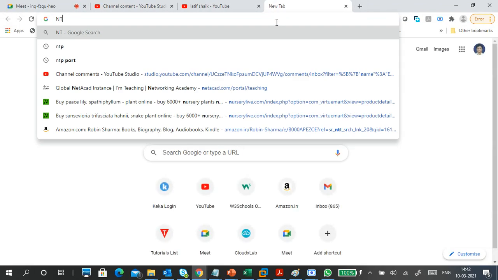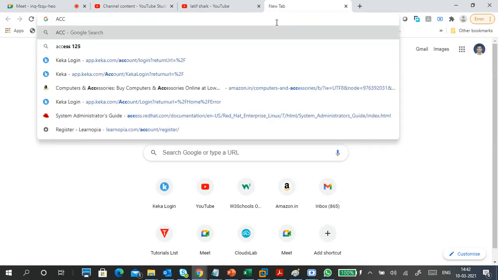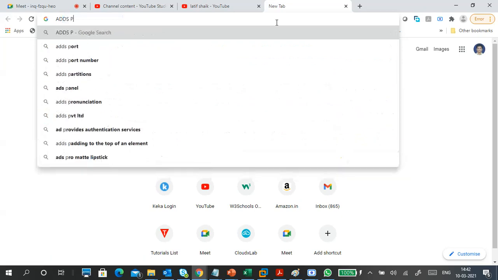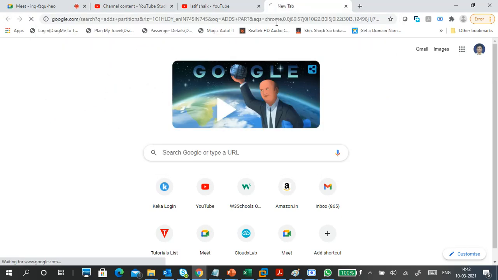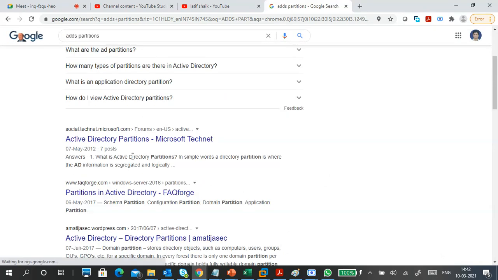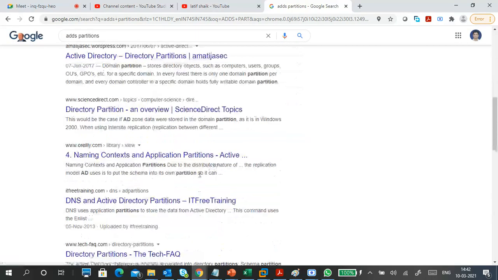Okay, ntds, adds partitions. I need a world sites anything.